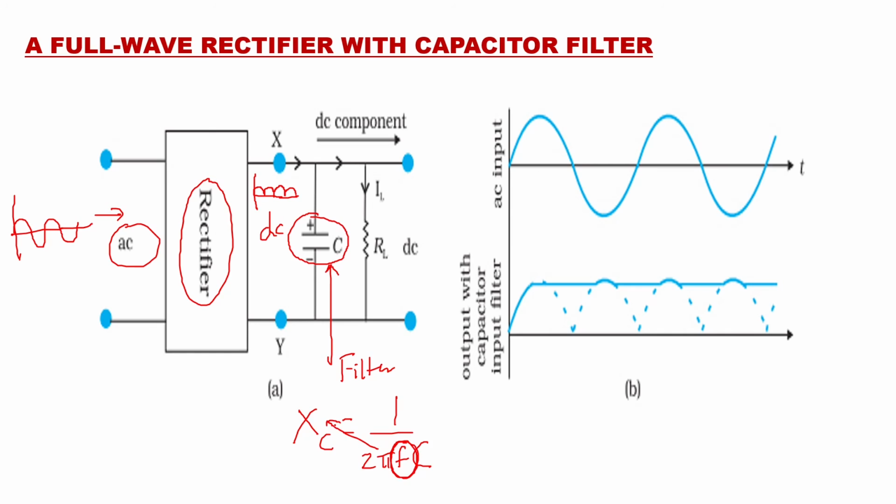So if the frequency is more, reactance is less, and if the frequency is less, reactance is more. That means a capacitor will pass AC and block DC. Whatever AC component is present at the output of the rectifier will be passed through this capacitor, and only the DC will be passed to the load.